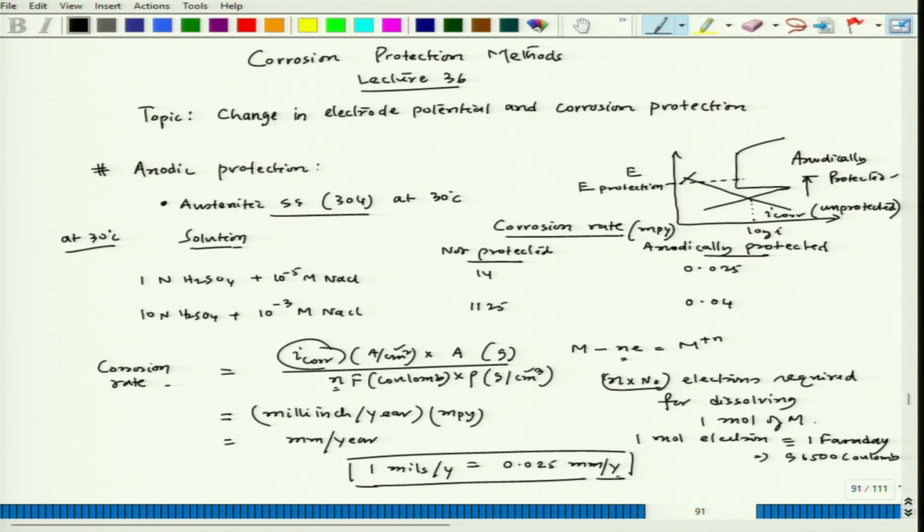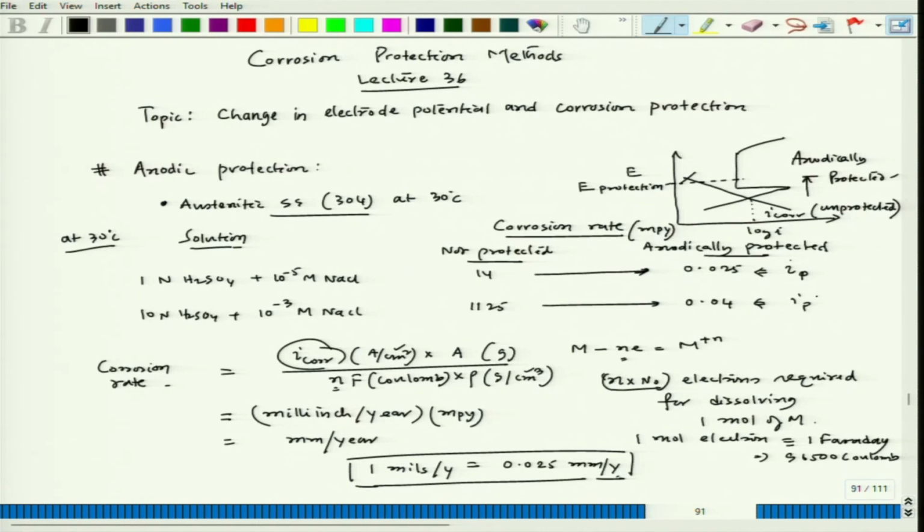Now coming to the part, the kind of improvement or enhancement in corrosion resistance that you sense when it is unprotected and when it is protected. That's pretty good actually, and interestingly, these protected values will be almost close to IP.